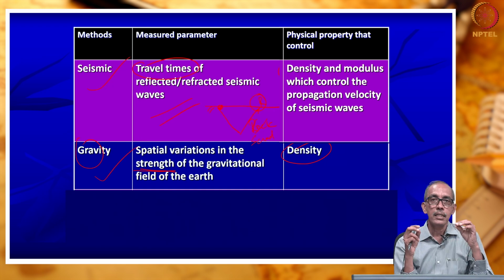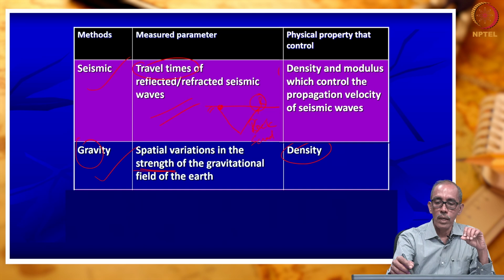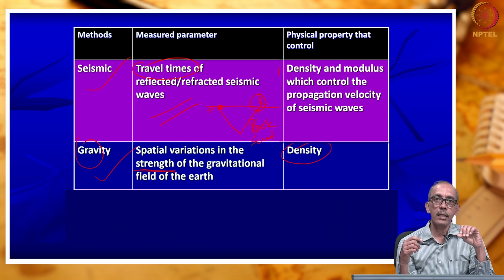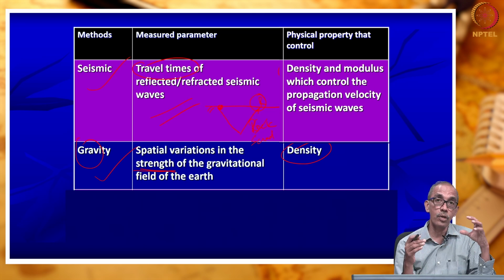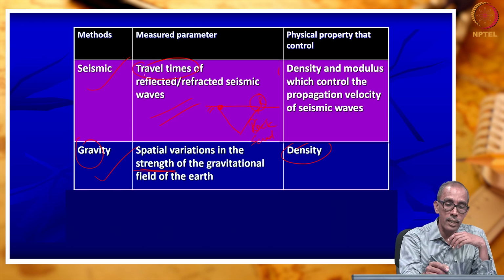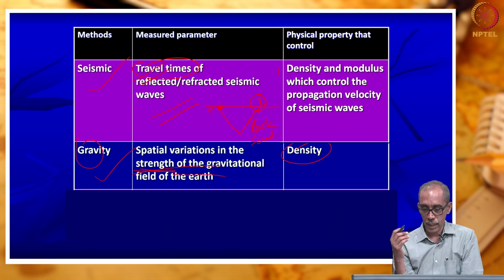In both, the measured parameter is different, but the parameter that controls the measured parameter is the density, right? The physical property of the subsurface that controls the measured parameter. Here it is the travel time, here it is the strength of the gravitational field. Both of them are related to density.